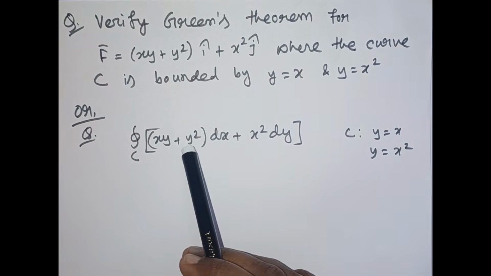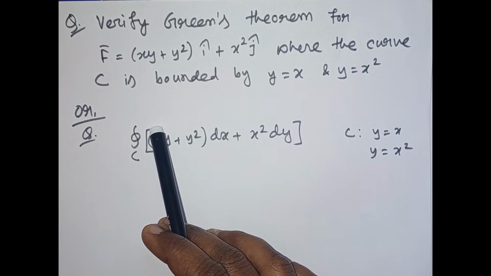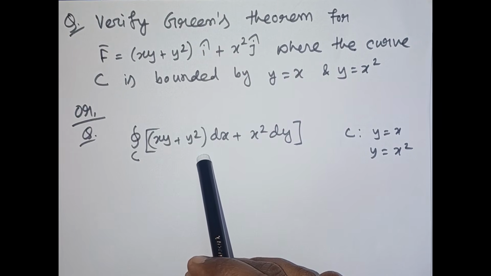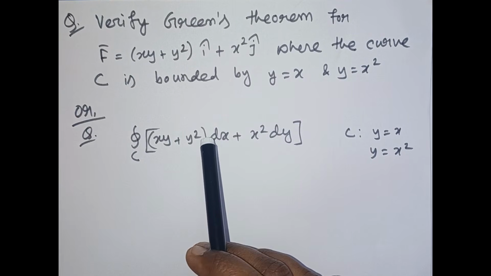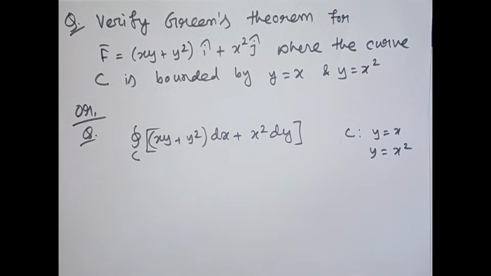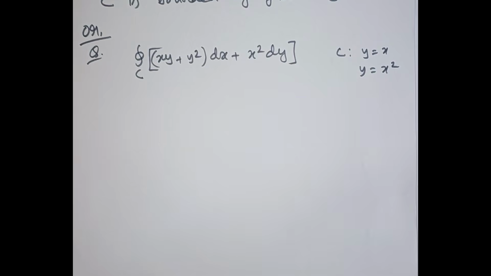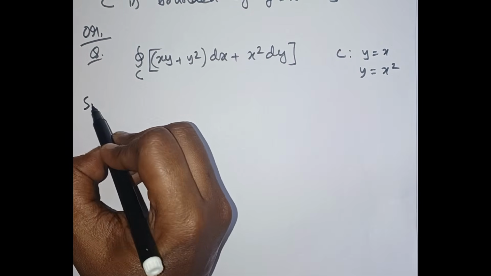Since the question says verify Green's theorem, that means we have to calculate both the line integral, the LHS, and the RHS, that is the double integral. And if those two are the same, then we can say Green's theorem is verified. So let's move to the solution.